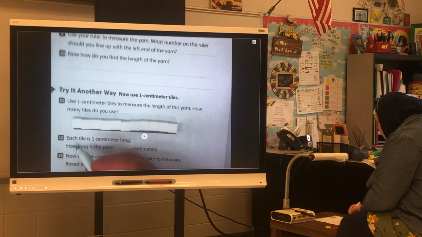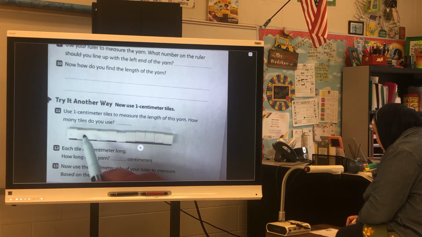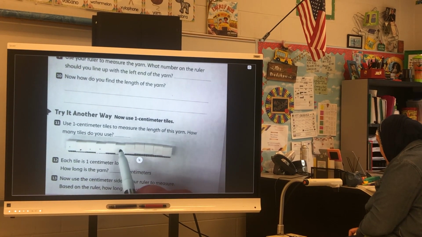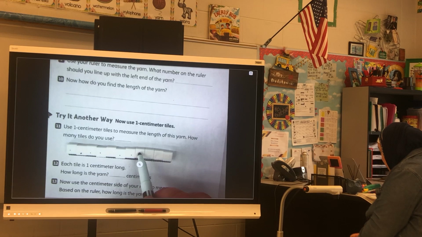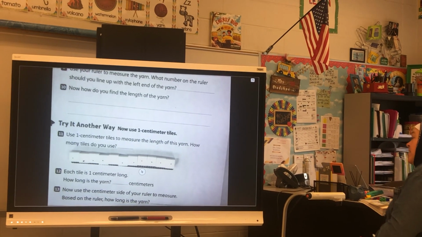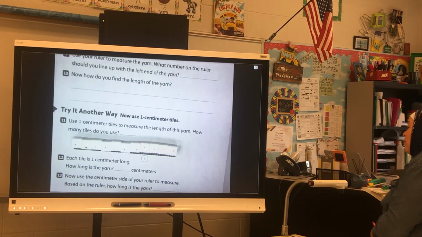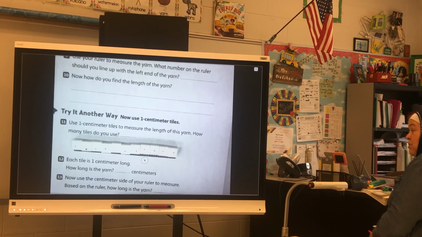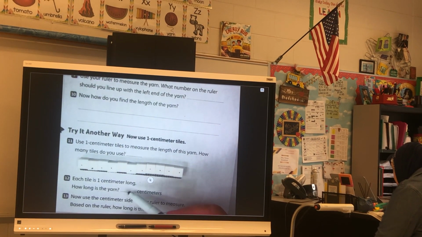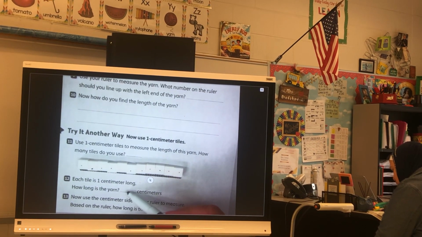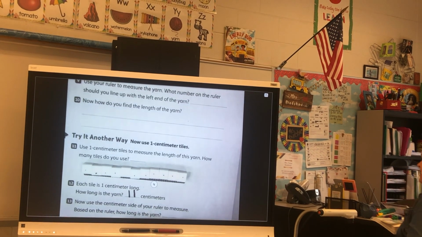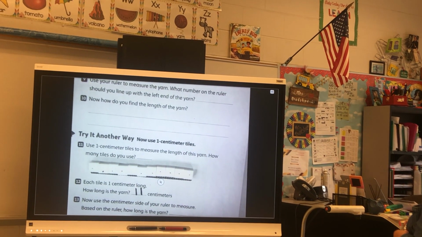We have 1, 2, 3, 4, 5, long. How long is the yarn? Well, if we have 1 centimeter cubes, then we have a yarn that is 11 centimeters. Okay?